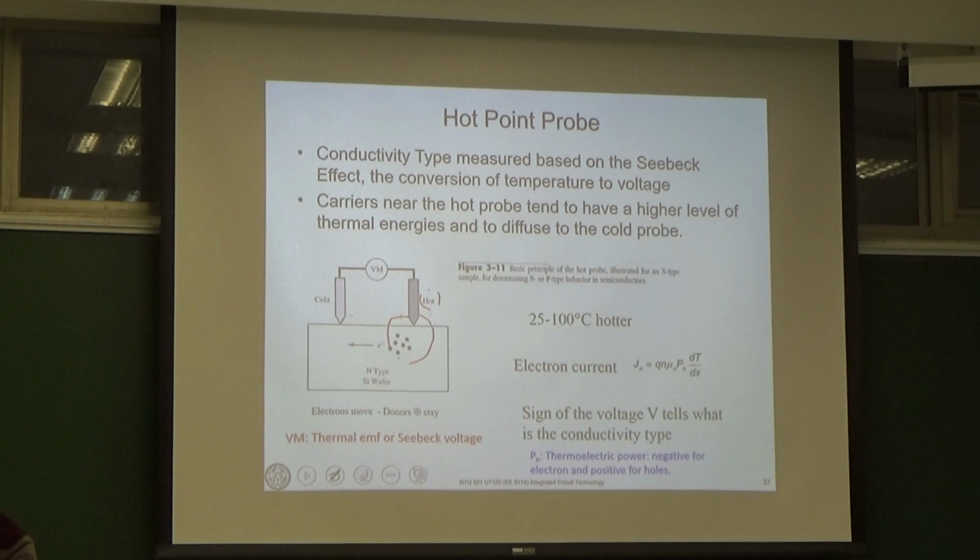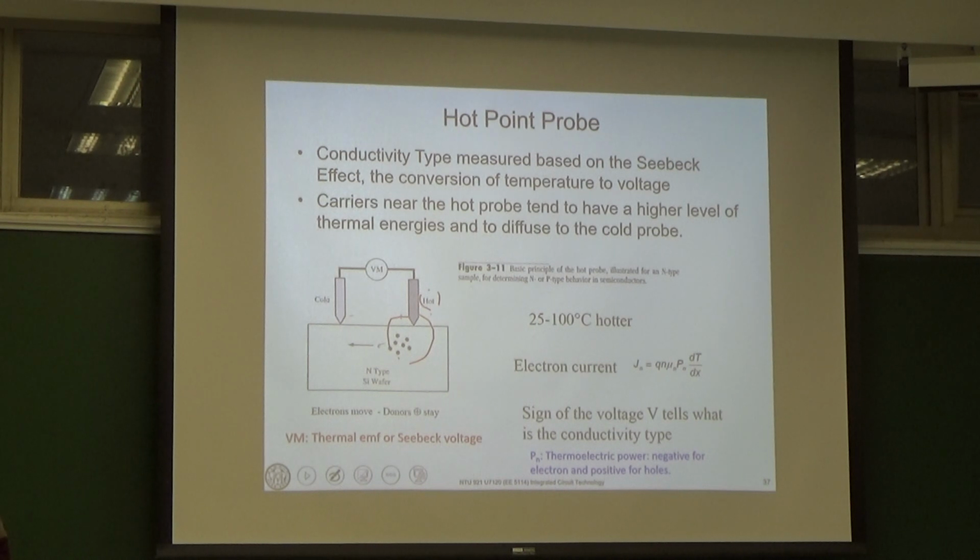If we increase the temperature, more covalent bonds will be broken, so we will generate more free electrons and holes. These free electrons and holes create a higher concentration at this local area.